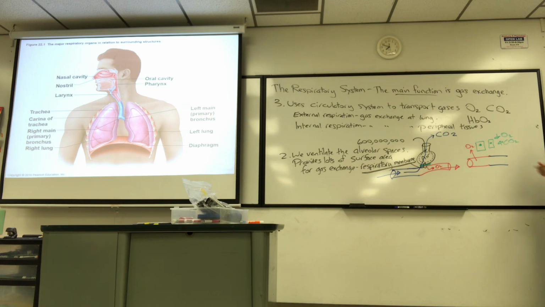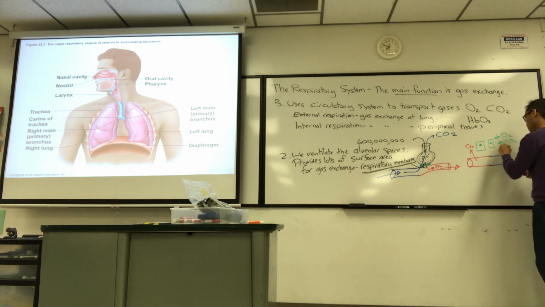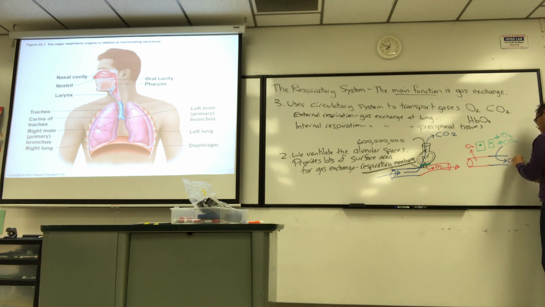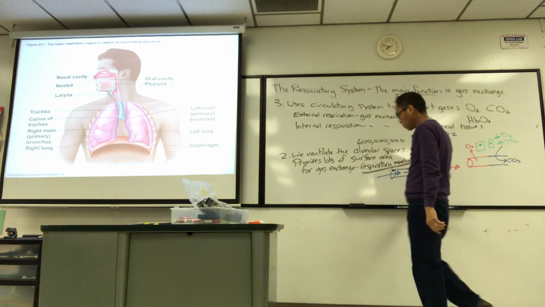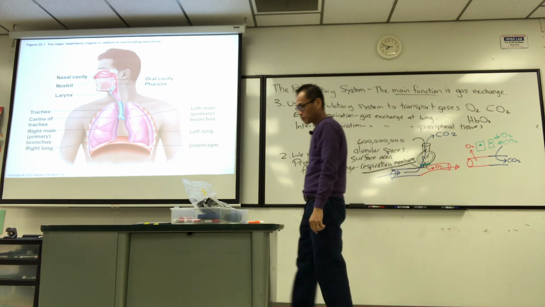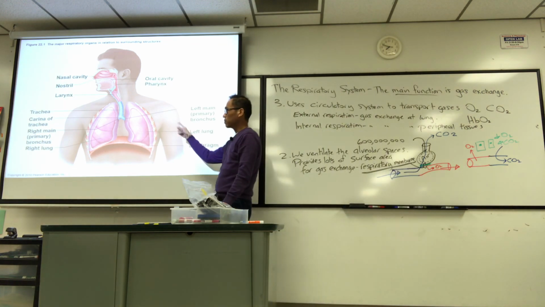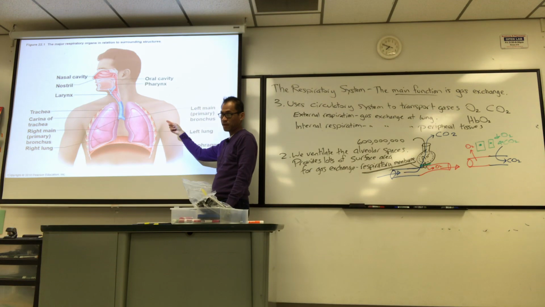That's all it is. So then the CO2 is picked up. So that blood leaving the peripheral tissues is O2 poor and CO2 rich. So it's just the reverse. So that's gas exchange. And I'll be more detailed on that in the last lecture. But let's start to look at this picture now, the anatomy.